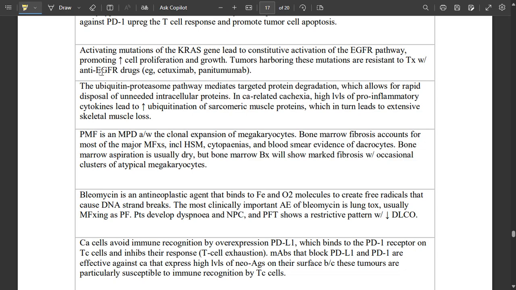That is cetuximab, panitumumab. So these are all anti-EGFR drugs, but they do not act against cancers which have KRAS gene activating mutations.